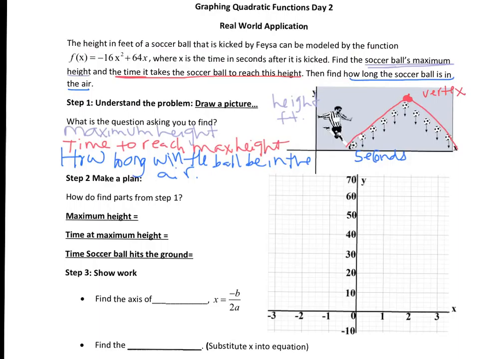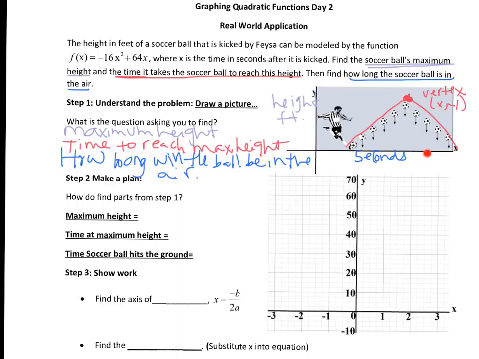And remember, a vertex has an x value and a y value. But for this question, how high is the maximum height? You only want the y value. You want to find the vertex first and just tell me the y value, because the y value represents the height. The x value only represents seconds.